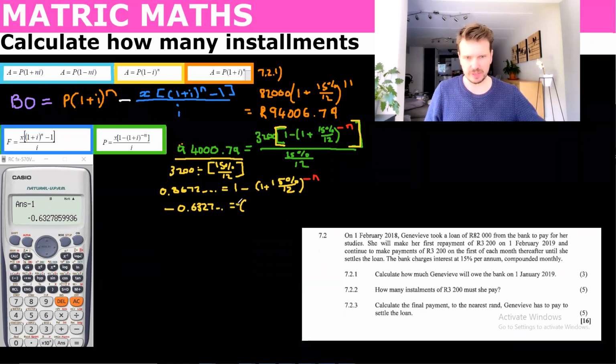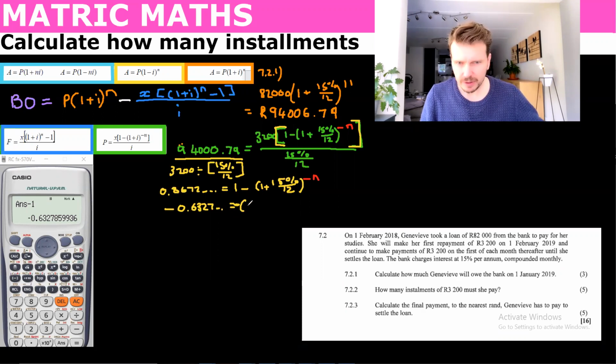So you must always get a minus and a minus because you can't find the log of a minus. You can't have a negative as the number. So then we get 0.6327 equals 1 plus 15% over 12 to the power of minus n. And so the negatives go away. So let's just take those negatives away.